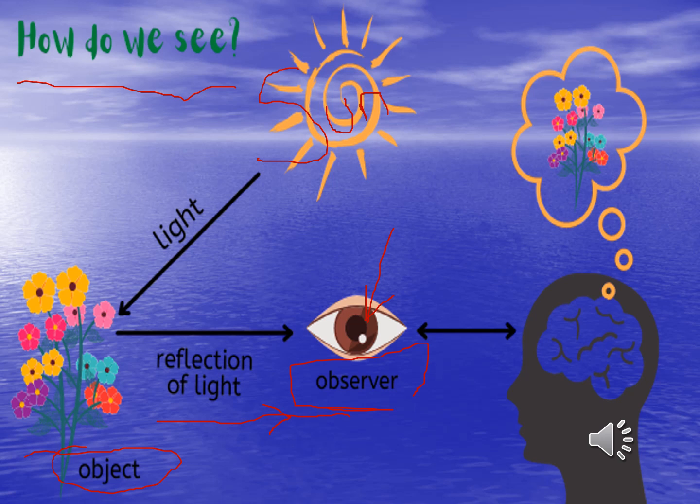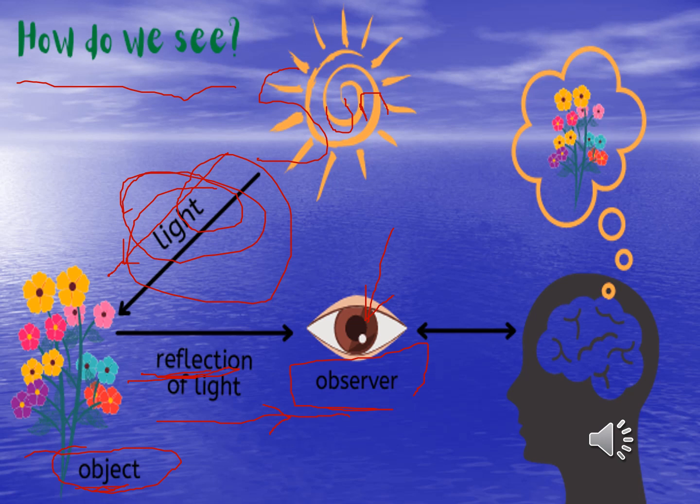So firstly, any source of light will fall on the object, then the object will reflect the light to your eyes, causing sight. So light causes sight.